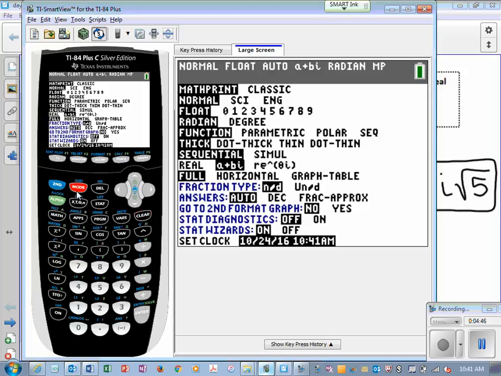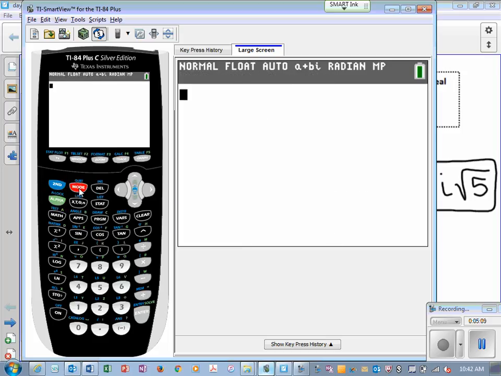If you go down, right now, your calculator may be on Real. You see next to Real, a plus bi, go to that and hit enter. Make sure that that one is highlighted. Okay? a plus bi. And then now let's go to second mode. Let's quit out of there.